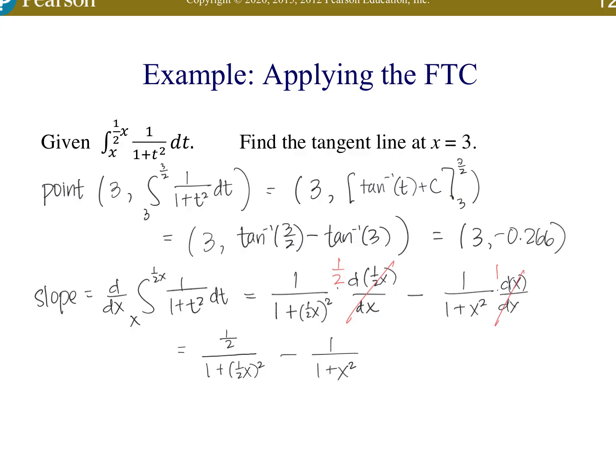And I'm plugging 3 into that, right? I'm plugging 3 in for the x value. So that'll give me 1/2 over 1 plus 3/2 squared minus 1 over 1 plus 3 squared.